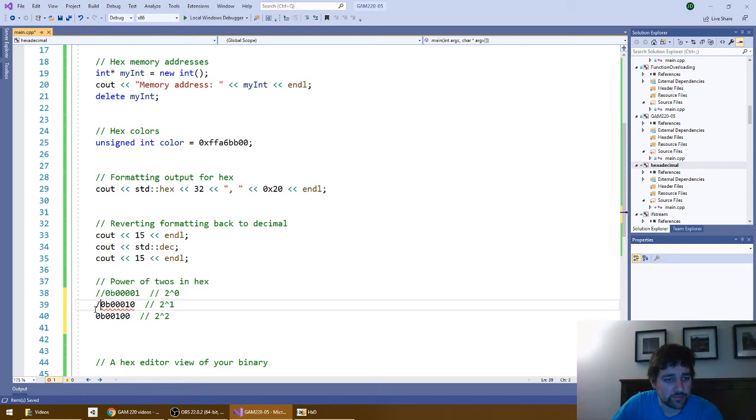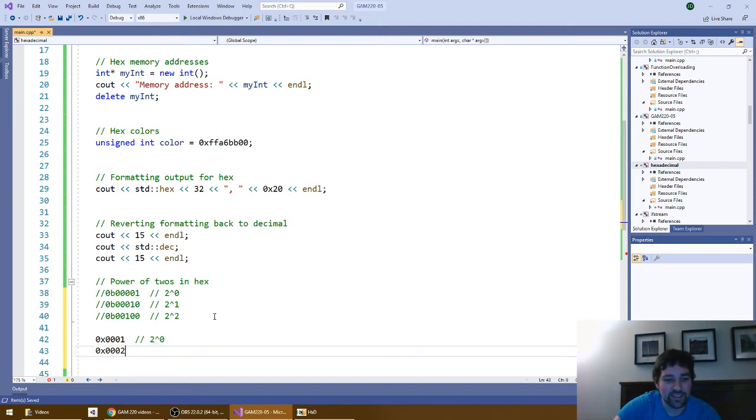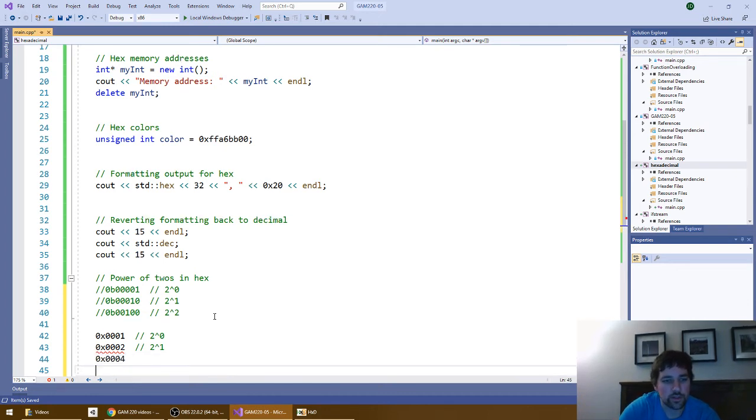In hex, there's also a pattern. So 0x, let's say 1. 1 will be the first power of 2, if I'm going with the same pattern here. Then 2, and we keep going. 4. 8.